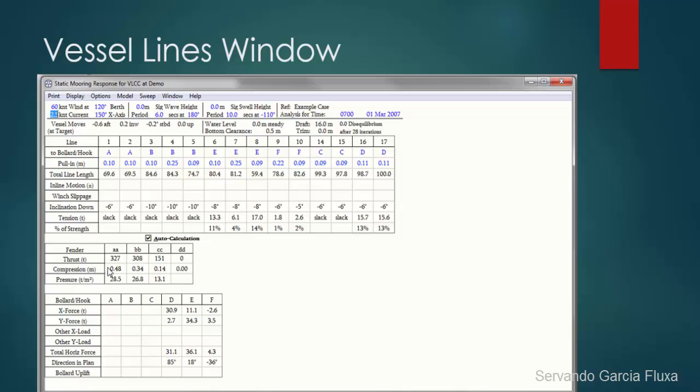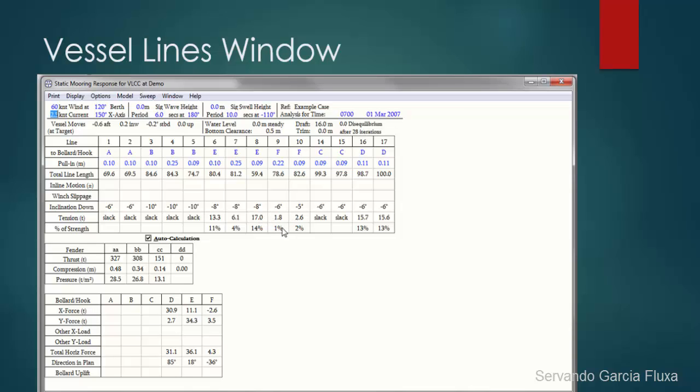Then it's telling us the parameters of the fenders in this condition, so the pressure that the fender is suffering, and the compression, and everything. And also, at the bollard it's telling us the total horizontal force that the bollard is suffering. Well, the total, the X force, the Y force, and the direction.